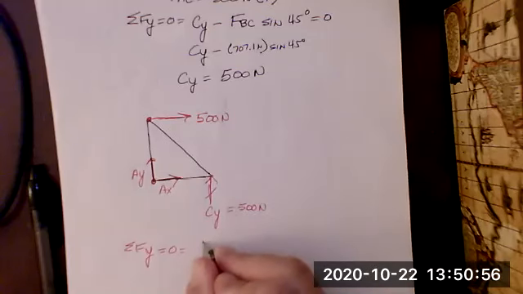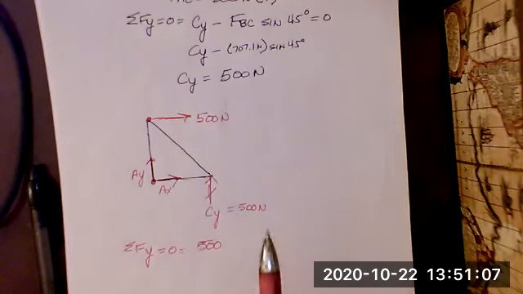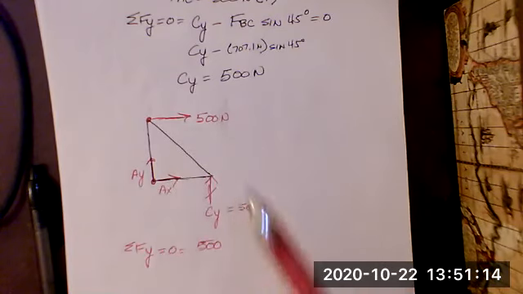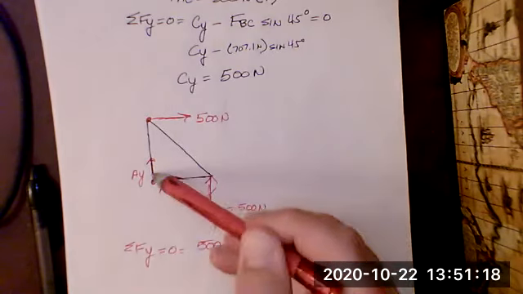It'd be 500. Well, okay, you want to take that 500 right there, okay? And then FBC, the Y direction would be sine. Hang on now. We're not worried about any angles now. All we're doing is sum of the forces in the y direction. We only have two of them.